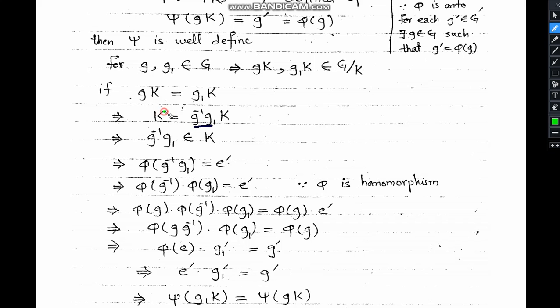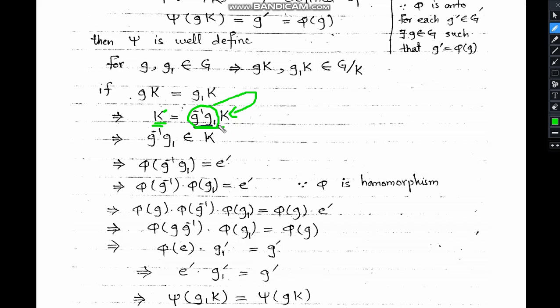And here we are seeing that this side is equivalent to this. It means this g inverse g1 multiplying on this K, and the result is also K. It means no new element is generating here, which is only possible if this composition is an element of K. Otherwise, it will generate new elements.